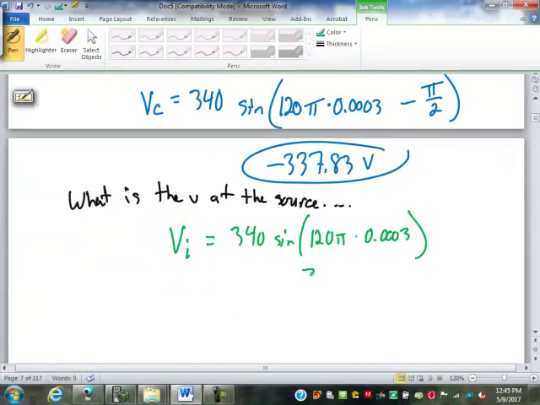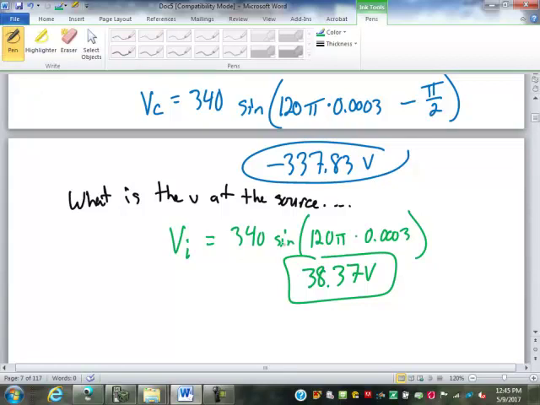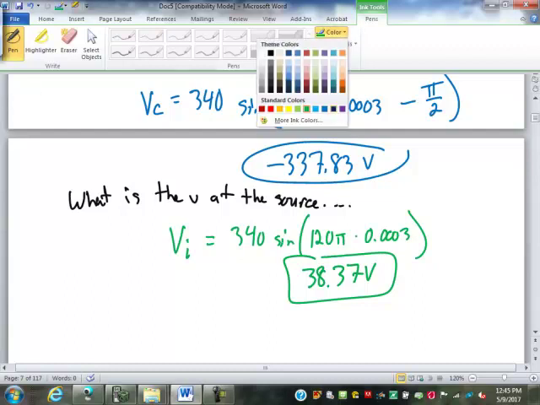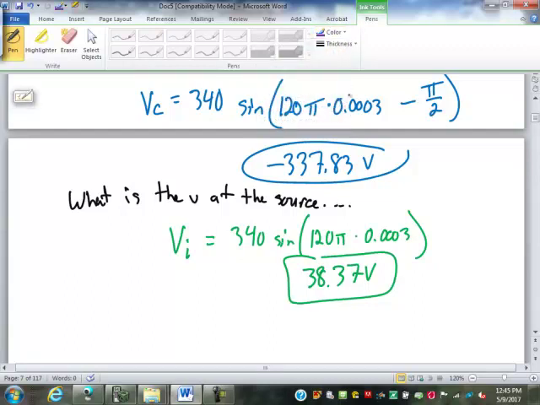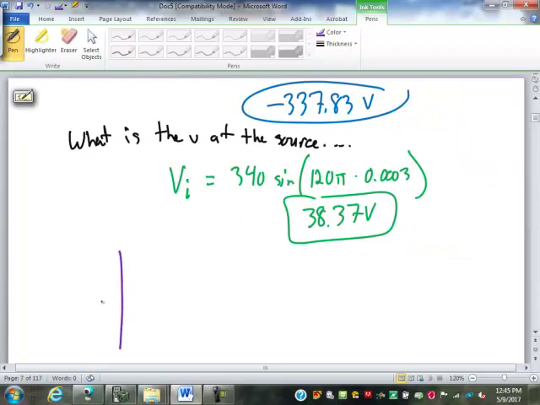Is that what you guys get? Okay. And that makes sense because the voltage on that capacitor should trail the source voltage.